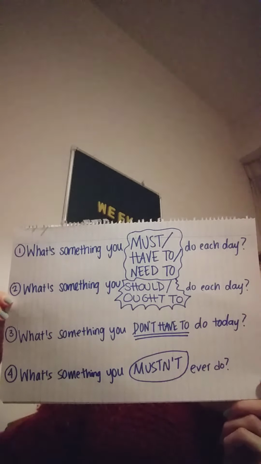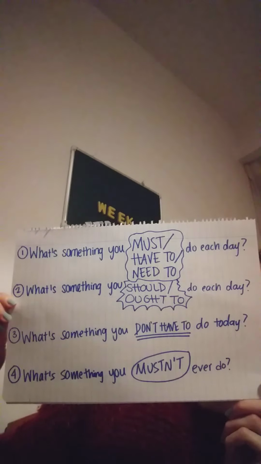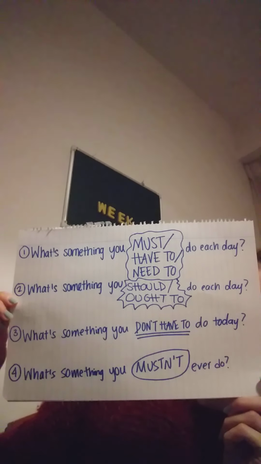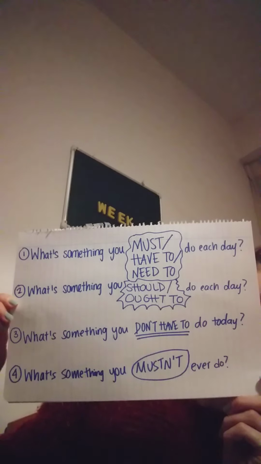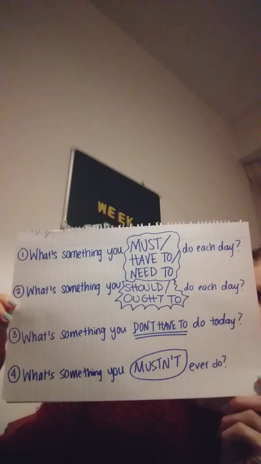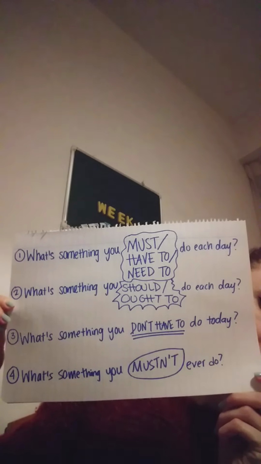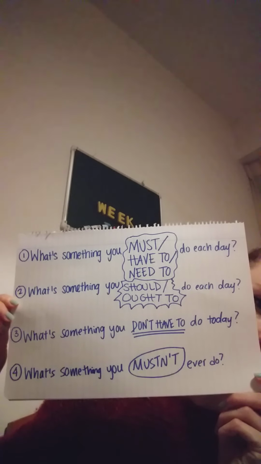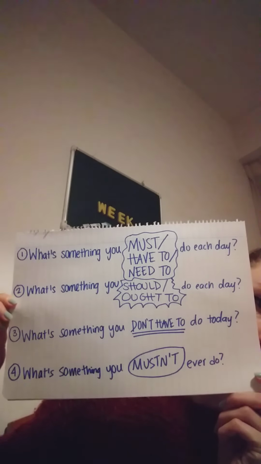Number two: what's something you should or ought to do each day? Number three: what's something you don't have to do today? And number four: what's something you mustn't ever do? Okay, so can you write the answers to these four questions for your personal answers in your notebook? When you're finished with that, you need to send that to me for homework.